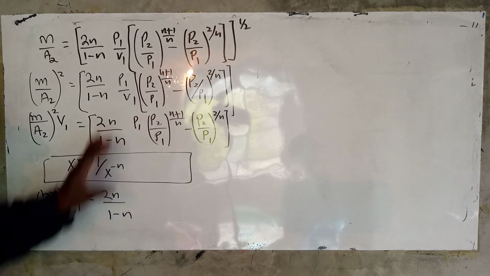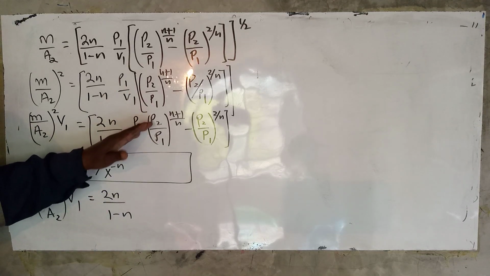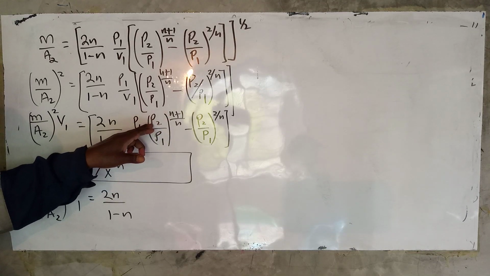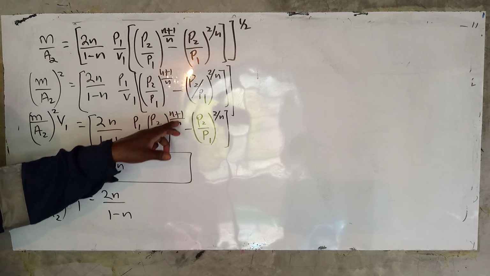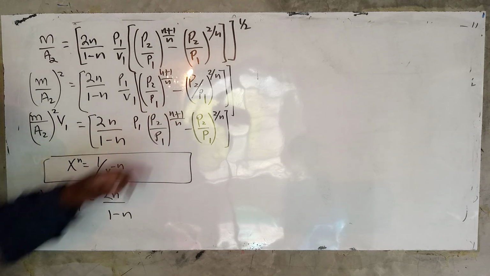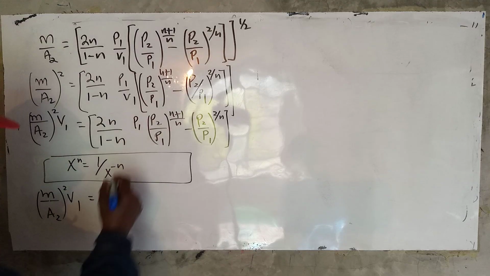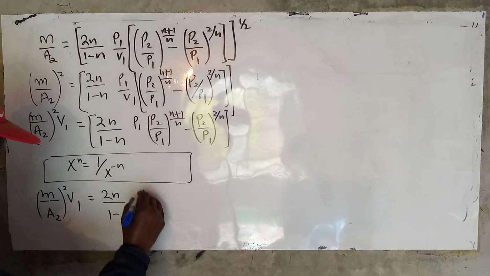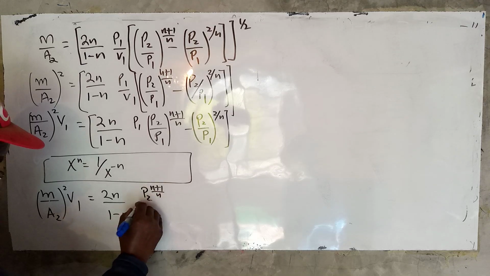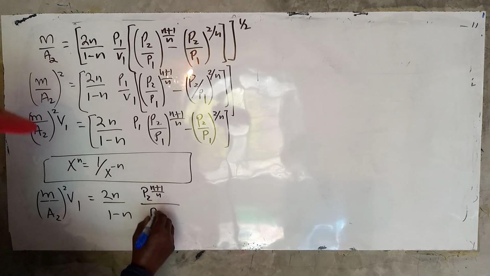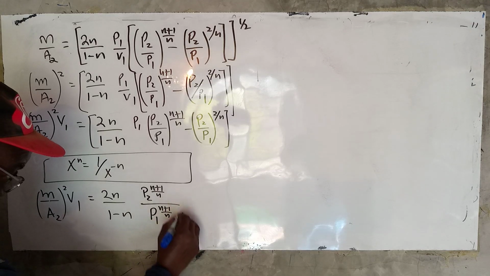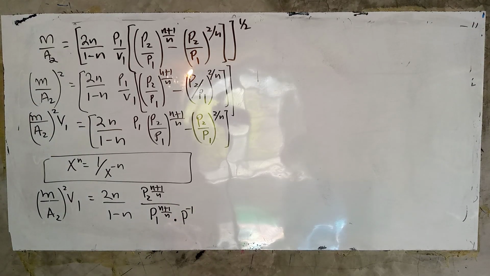And remember this particular bracket here, P2 over P1, for this ratio of pressures, is P2 raised to power (n plus 1) over n, over P1 raised to power (n plus 1) over n. So we can bring in the P1 there by having that as P2 to (n plus 1) over n, over P1 to (n plus 1) over n, times P1 to the minus 1.